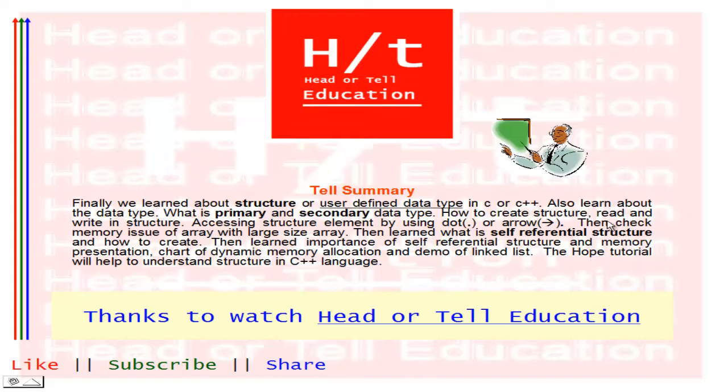Then we checked the memory issue of arrays with a large array size. Then we learned what a self-referential structure is and how to create it. Then we learned the importance of self-referential structures, the memory representation chart of dynamic memory allocation, and the demo of the linked list.